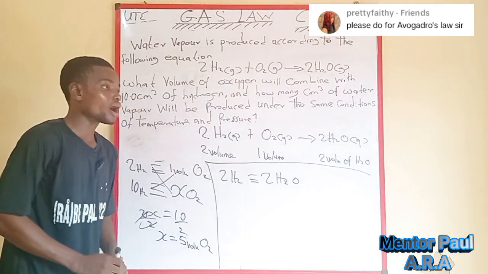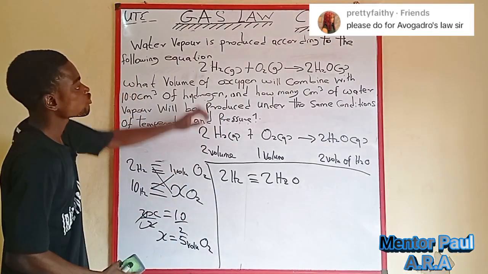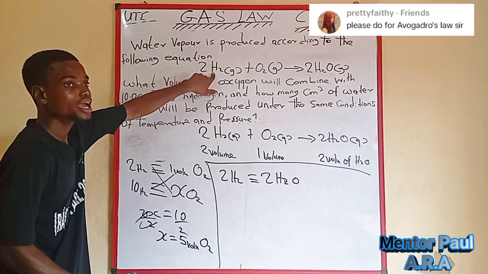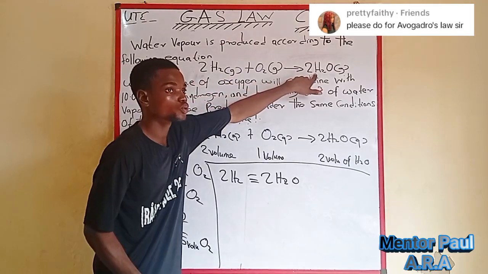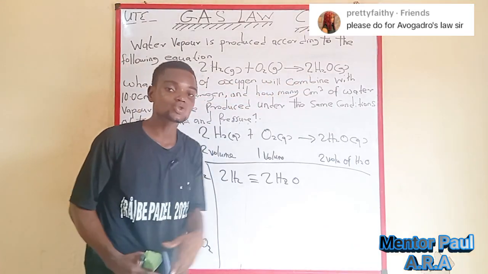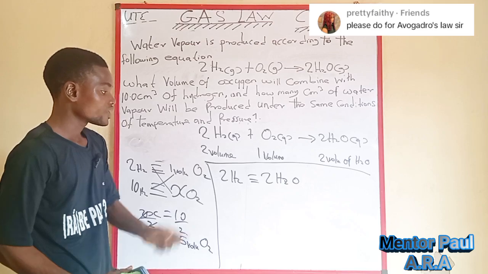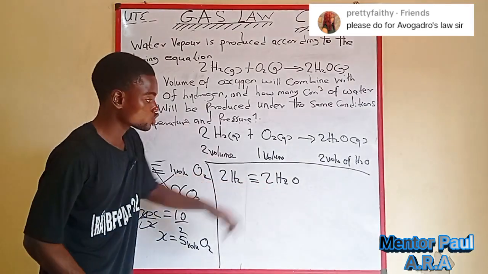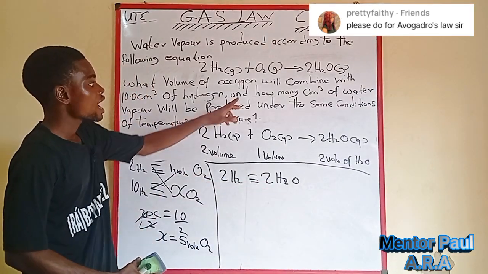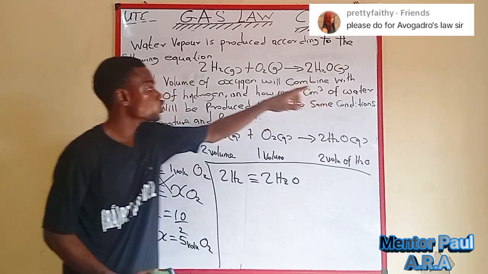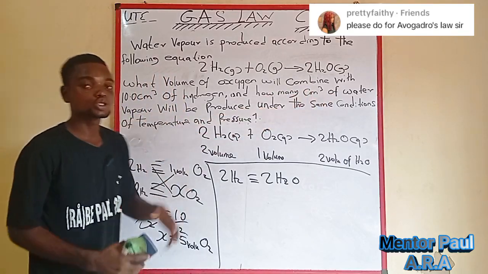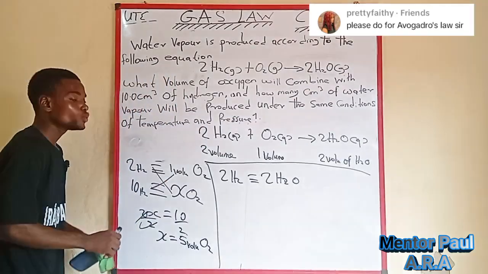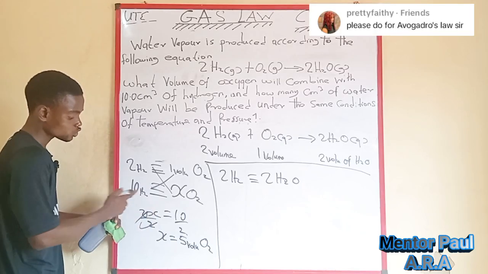Because if you look very closely, you're going to find out that from this place, 2 volumes of hydrogen is very much equal to 2 volumes of H2O. Are you getting? Hence, we want to get how many cm3 of water vapor was produced.